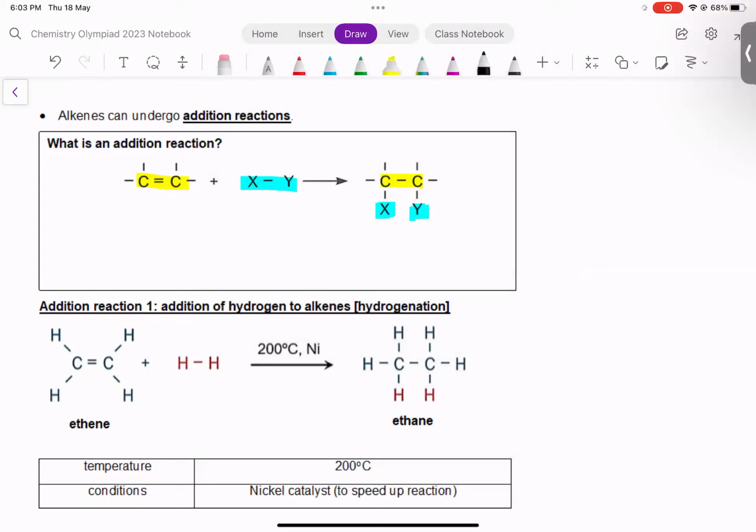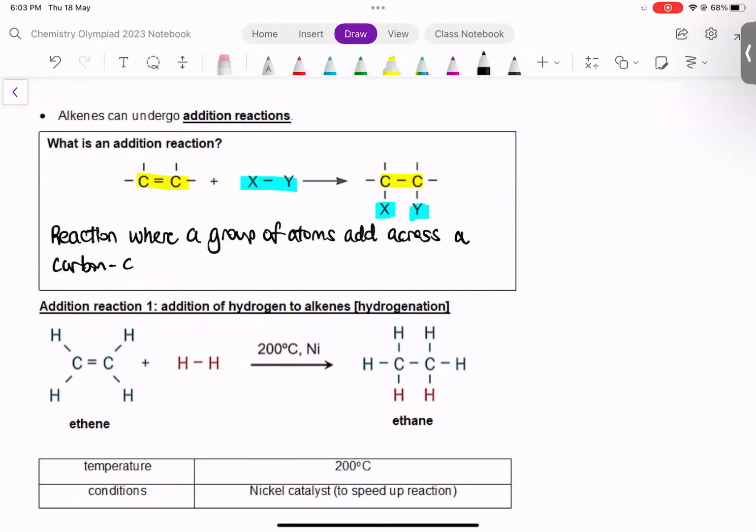What is an addition reaction? An addition reaction is a reaction where a group of atoms add across a carbon-carbon double bond to form a single product. It doesn't form multiple products.